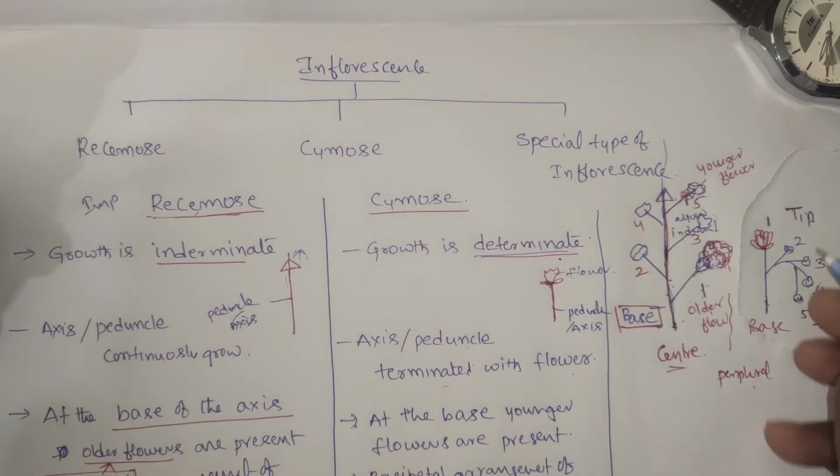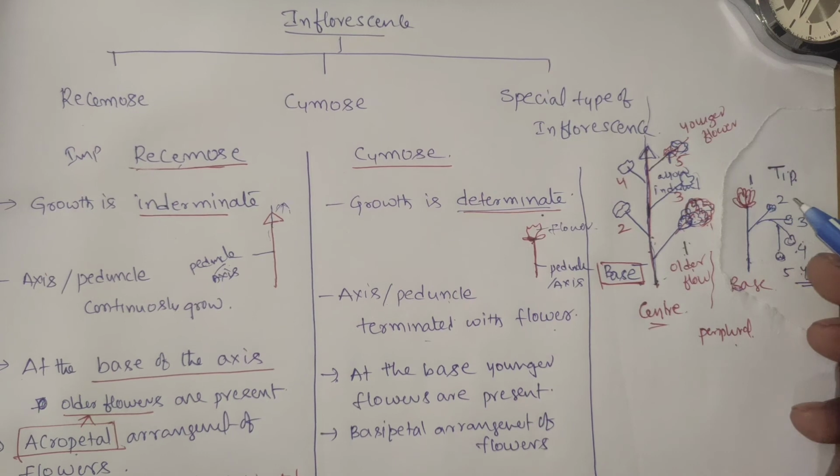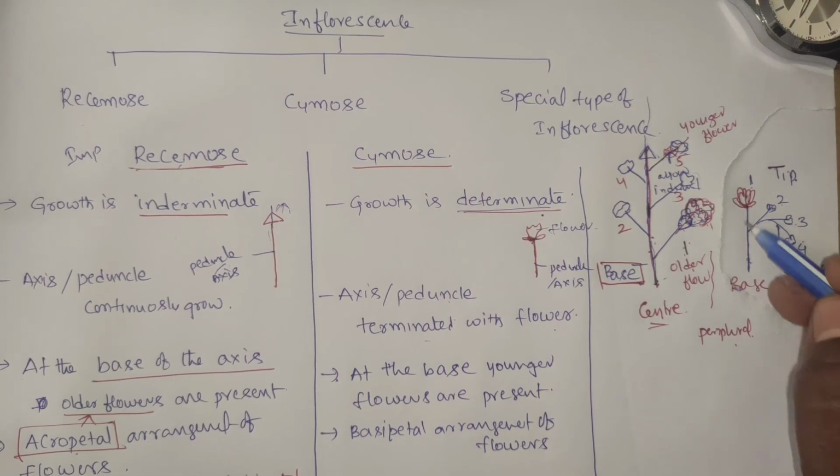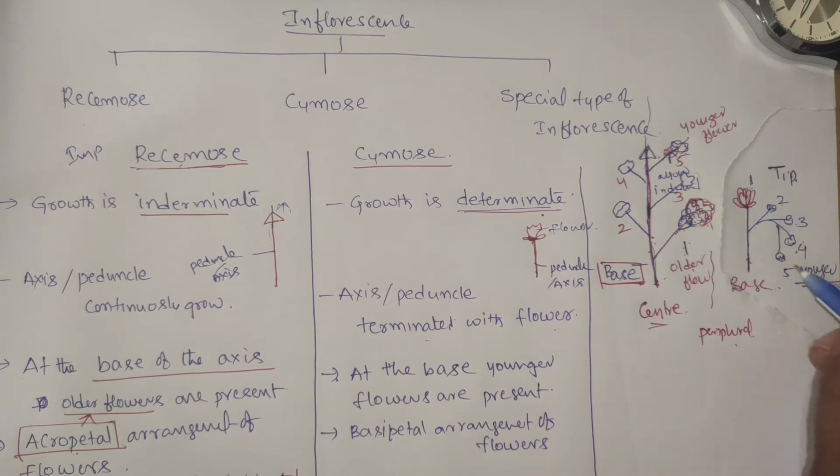Coming to this, here flowers number 1, 2, 3, 4, 5 are present. This is the older flower and this is the younger flower.